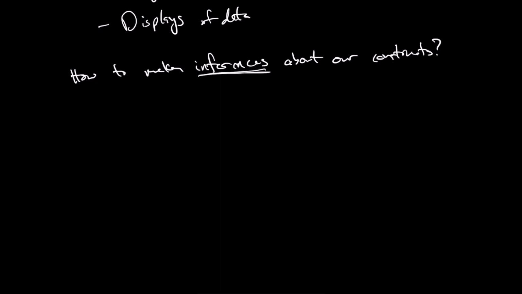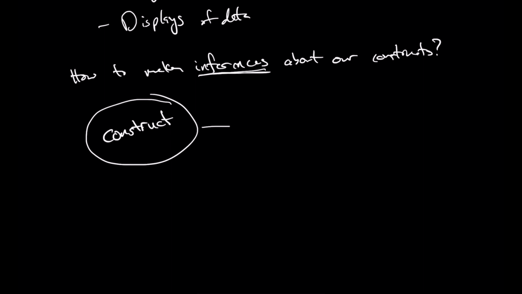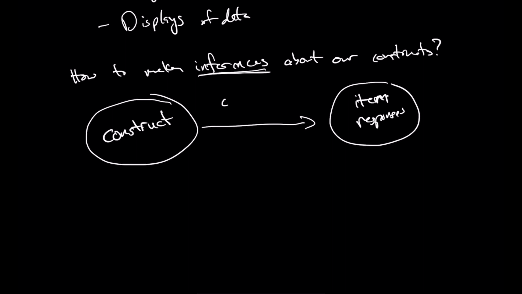Our construct is something we believe we are measuring, and we are measuring differences in something. And that something is what is causing, maybe not perfectly, maybe we don't know the exact mechanism, differences in item responses. This is meant, or at least theorized, to be a causal relationship.